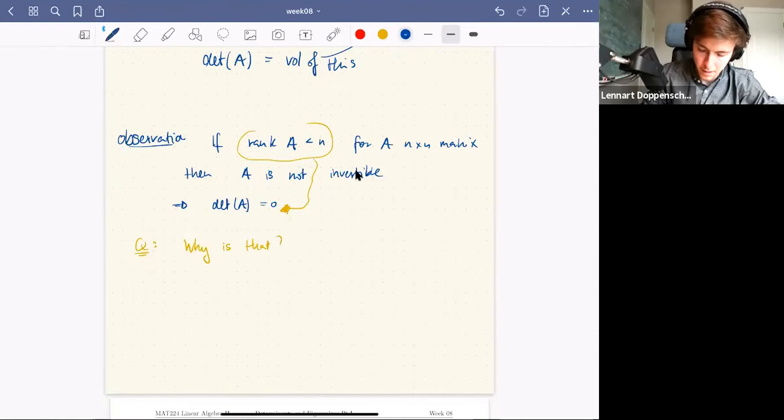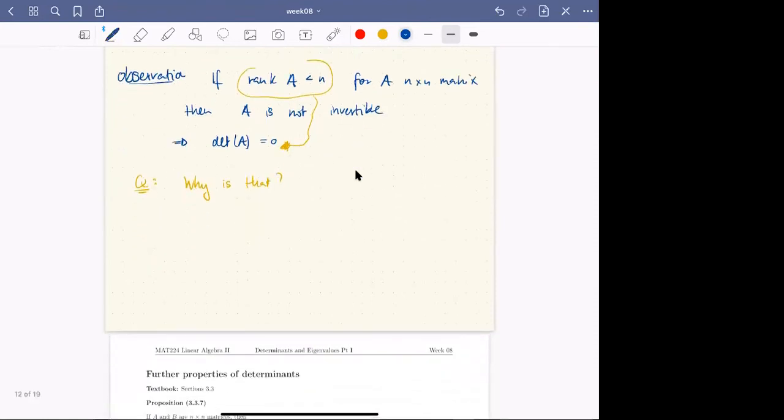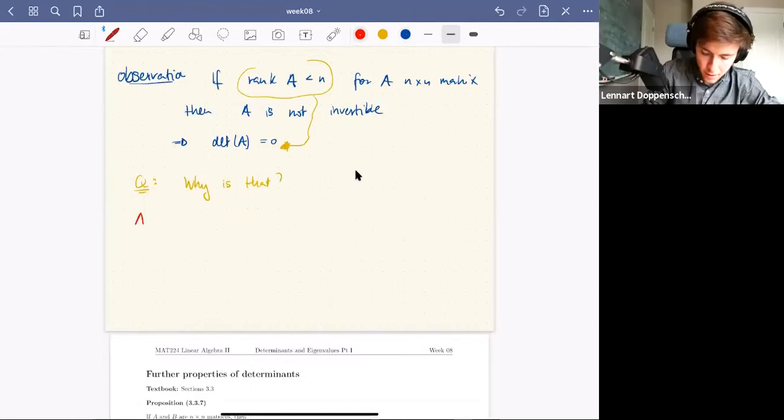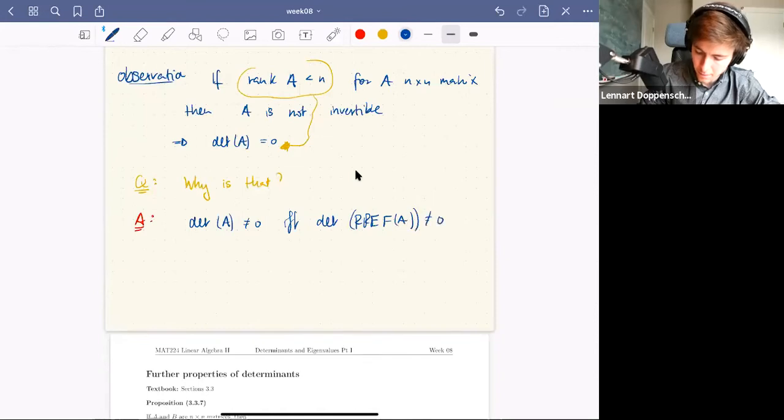And you can actually argue that, so a partial answer to this question, which I'll not make precise, is that the determinant of A is non-zero if and only if the determinant of the row reduced echelon form of A is non-zero.